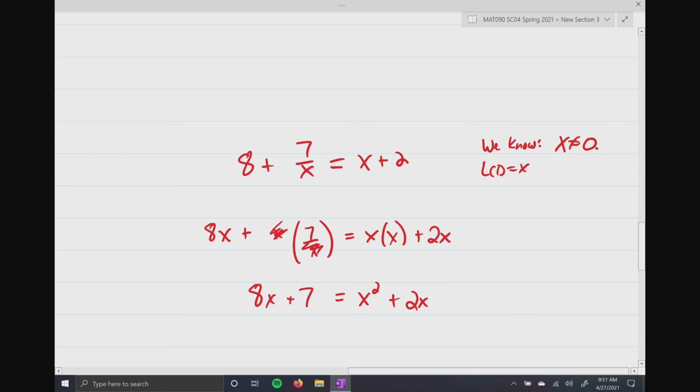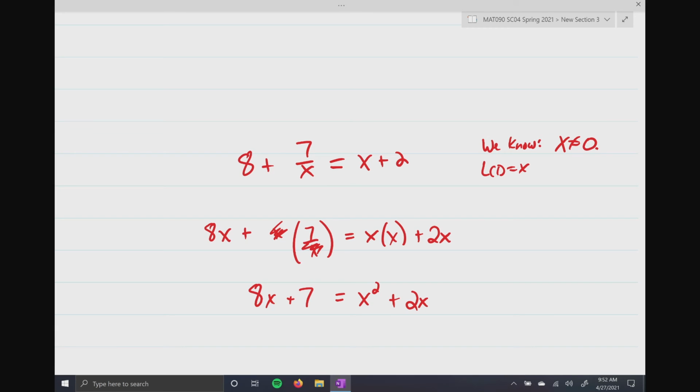Everybody's playing checkers, and I'm playing chess, because I can see it. You've got a 25% chance of guessing it. It's either going to be the 8x, the 7, the x squared, or the 2x. So just take a guess.